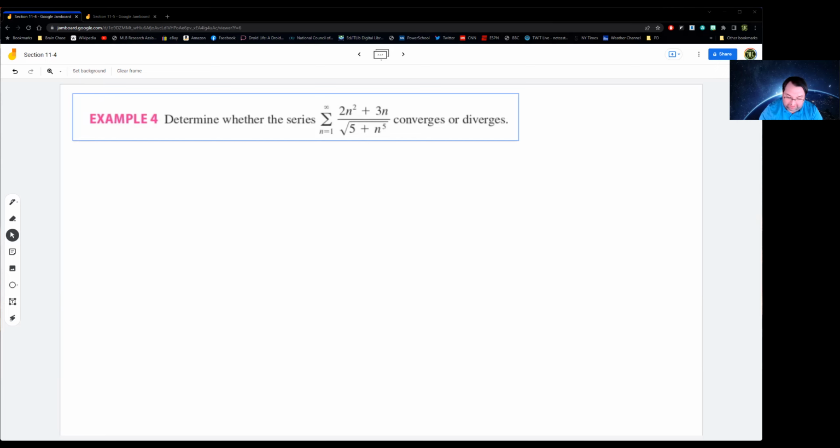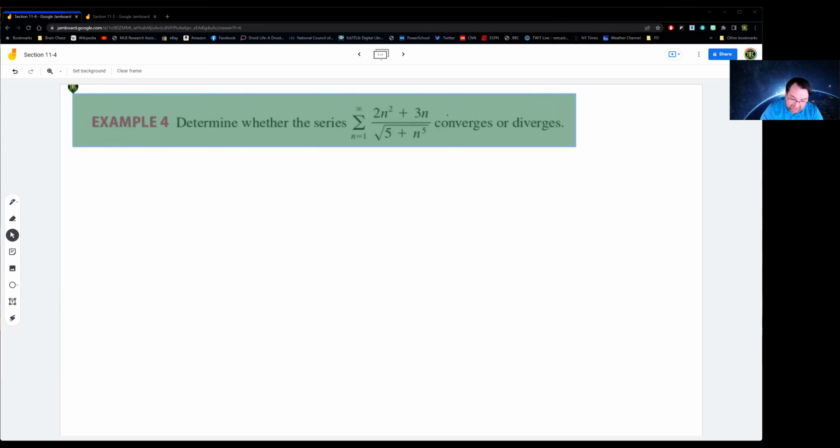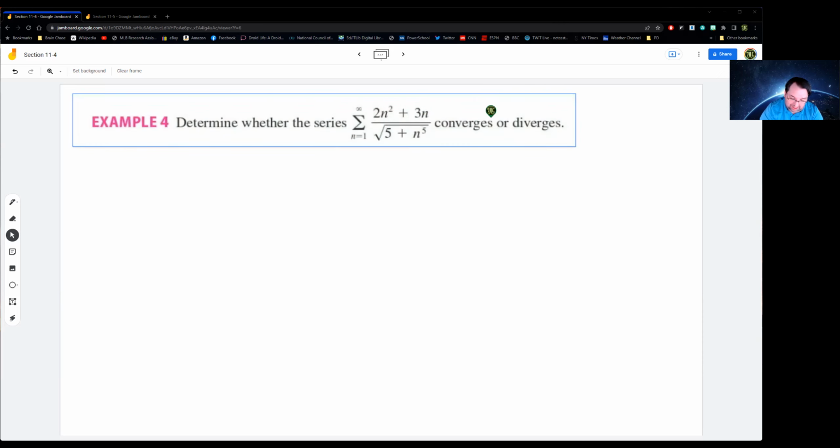All right, let's look at this one. The comparison tests work really well when you can simply compare things, like figuring out if the numerator stays the same or the denominator stays the same.